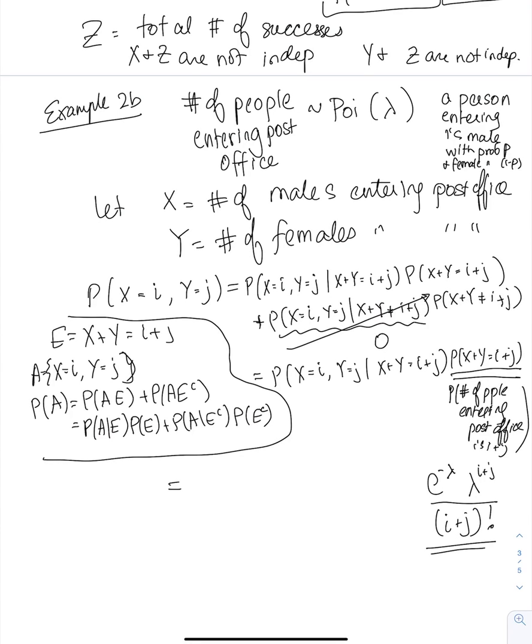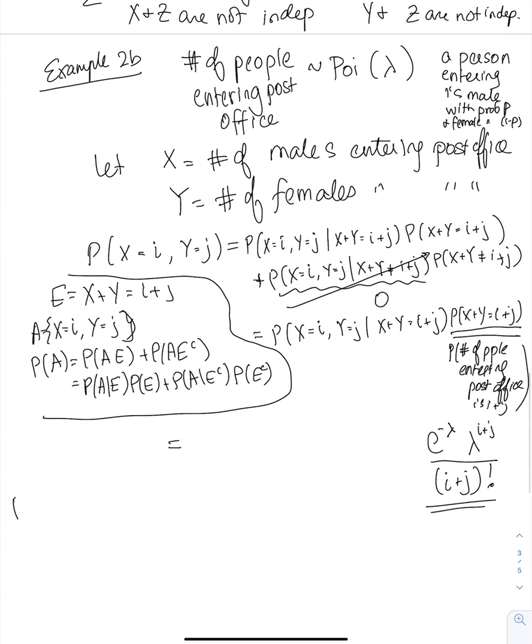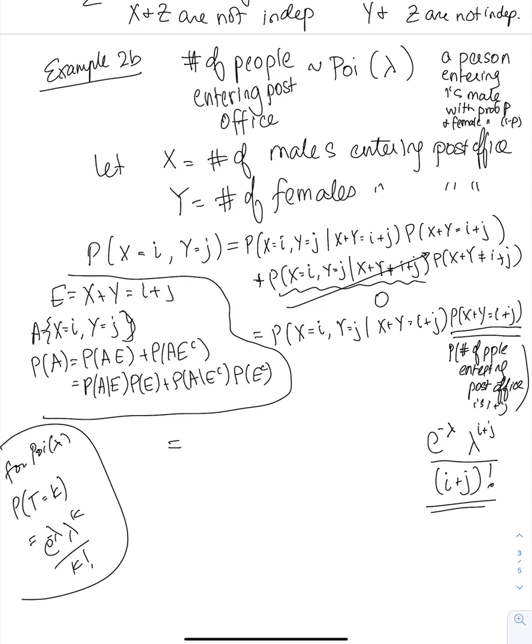That's just using the probability mass function for a Poisson random variable. You remember, let's just call T a Poisson random variable, the probability T equals k is e to the negative lambda, lambda to the k over k factorial. Okay, just a reminder. So that is the second term.